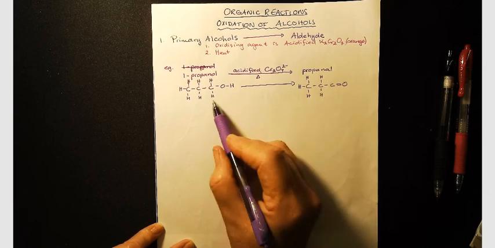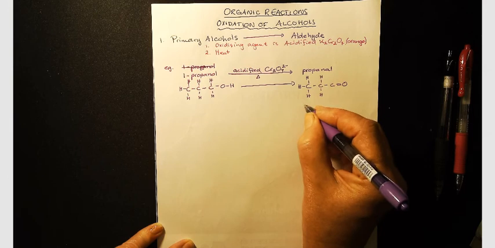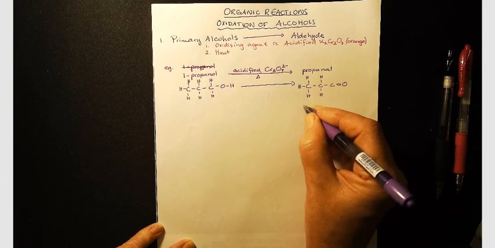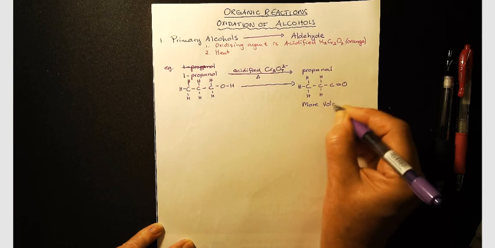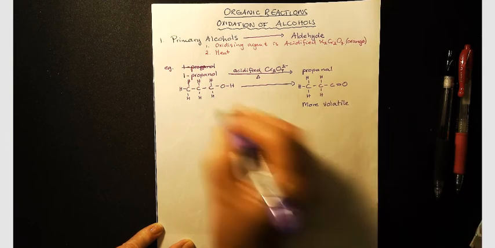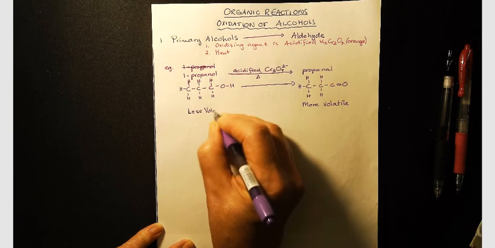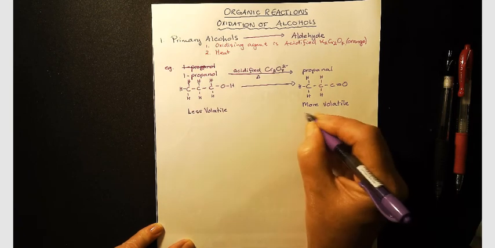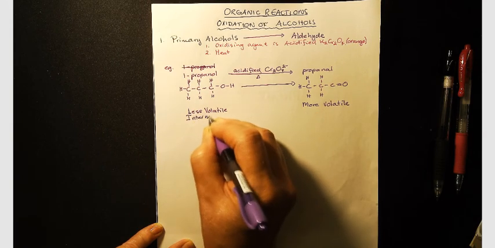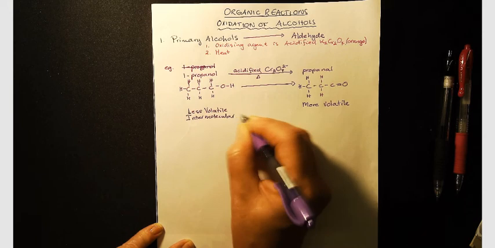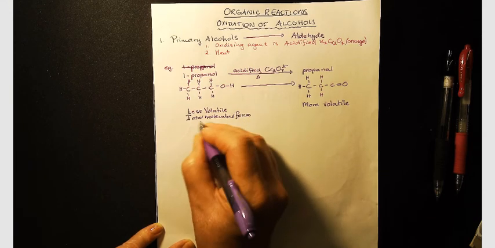The intermolecular forces between the propanal molecules are weaker, so the propanal is more volatile than the alcohol. So this is less volatile, and the reason for this is the intermolecular forces between the alcohol molecules are stronger.